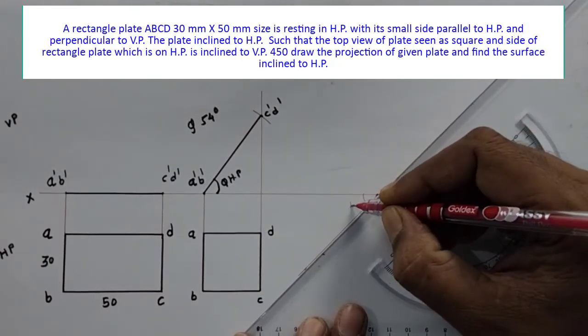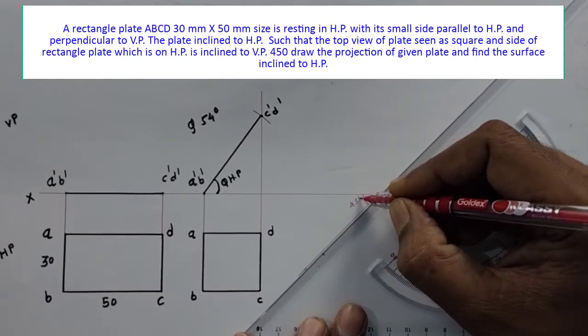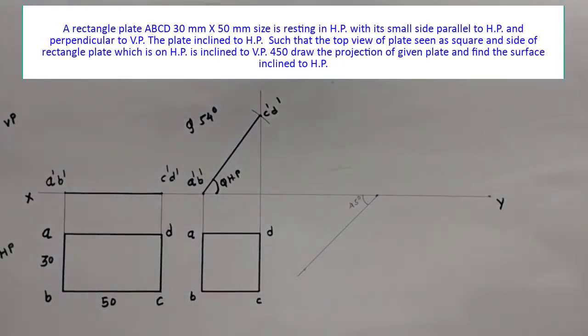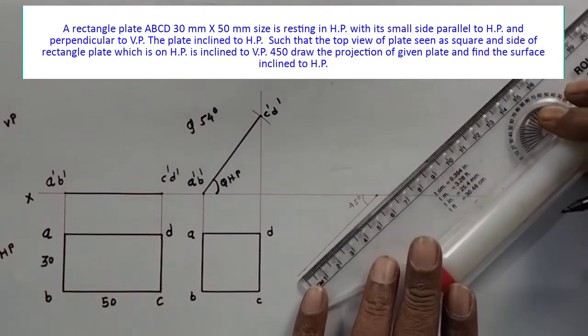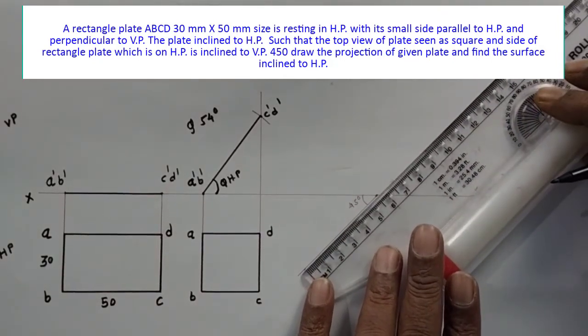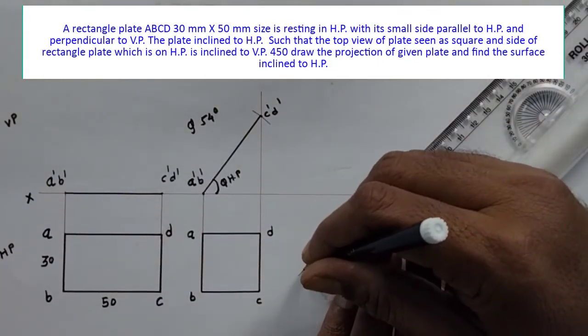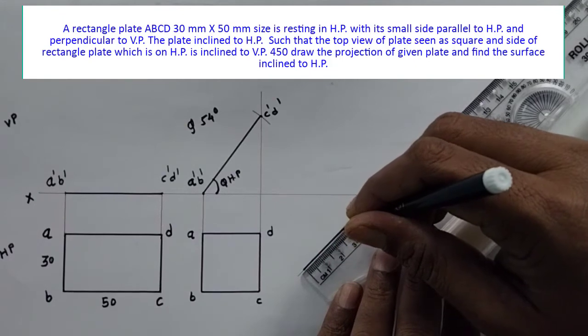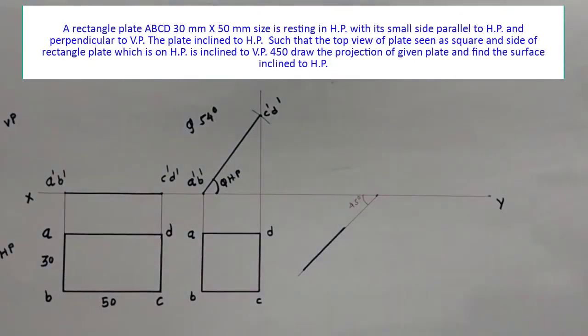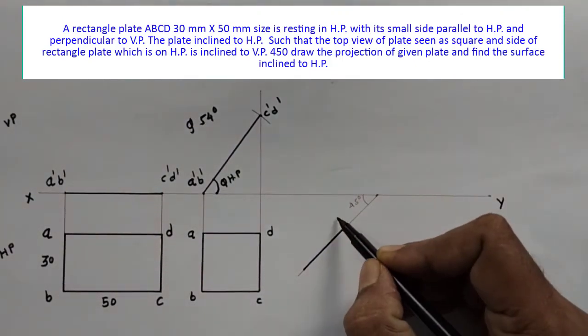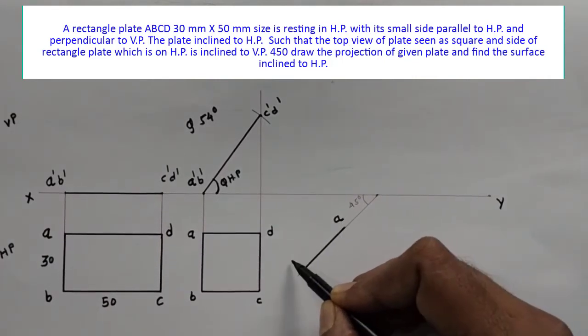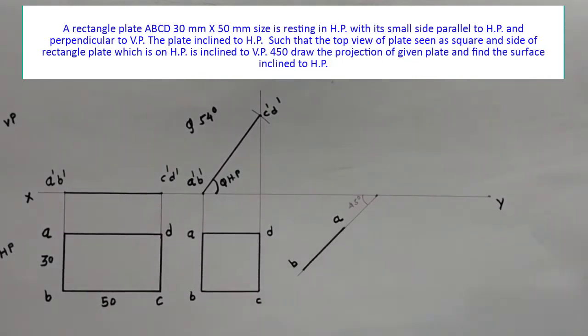That we say the side AB inclined to VP 45 degrees. On this line, we arrange our AB side 30 mm at any location, but your side should be on the inclination line, that is A and B.